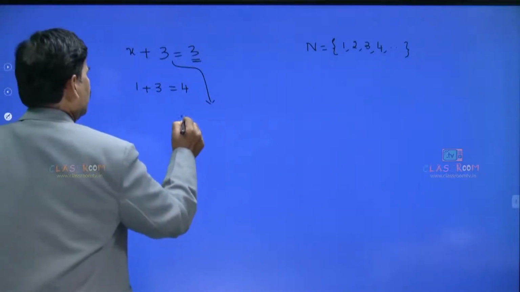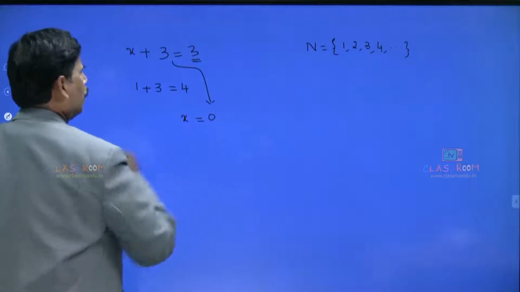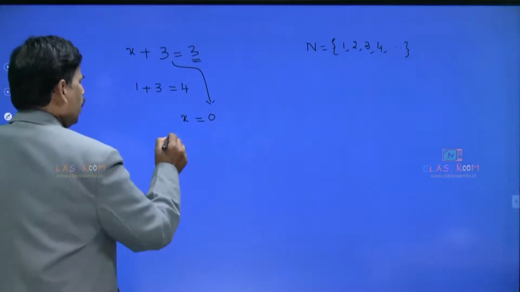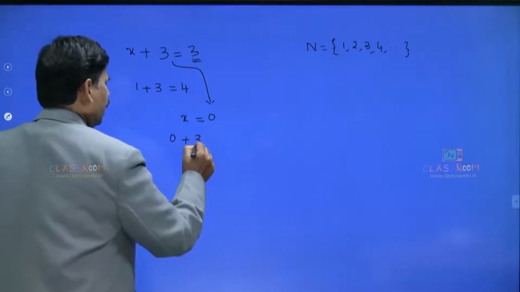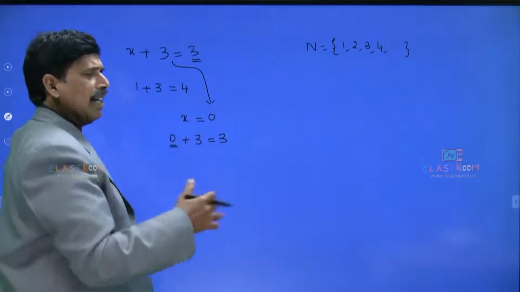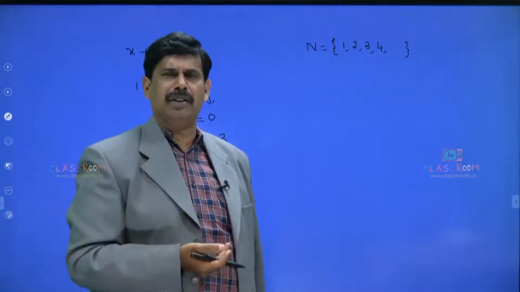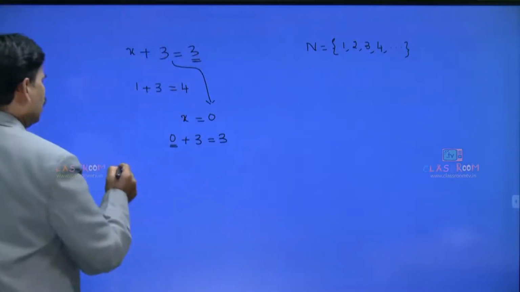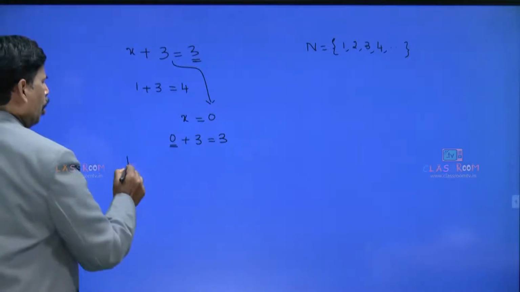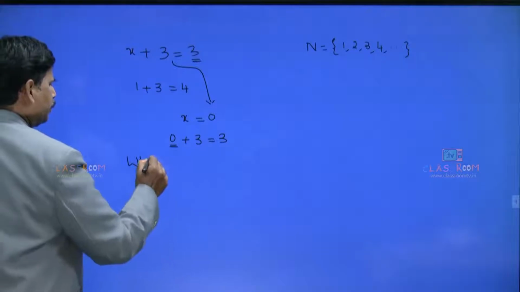When I replace x with 0, what do we get? 0 plus 3 is equal to 3. So here we are finding another set of numbers. That means the natural numbers together with 0 are called whole numbers.